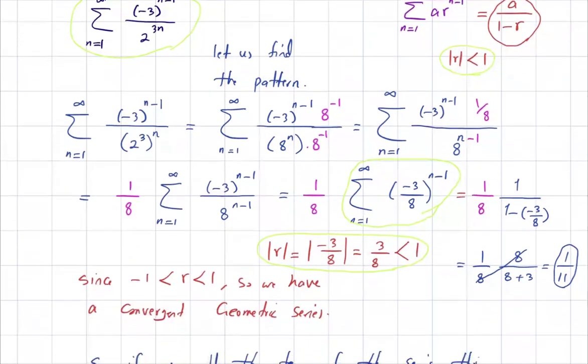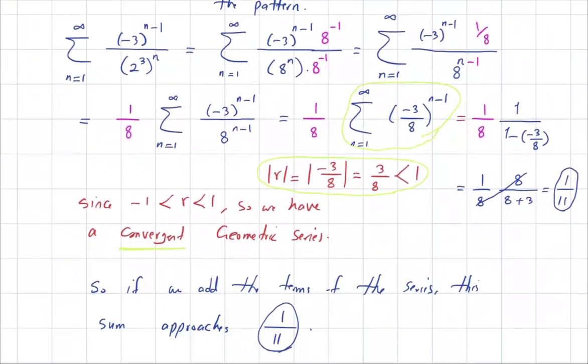So indeed you have a convergent geometric series, and the sum is equal to 1 divided by 11. It means that if you add the terms of this series together, you end up with 1/11.